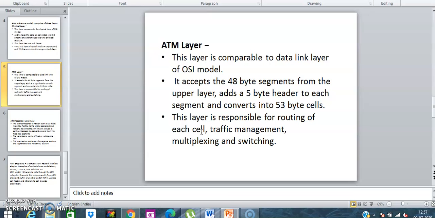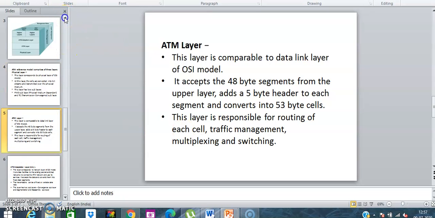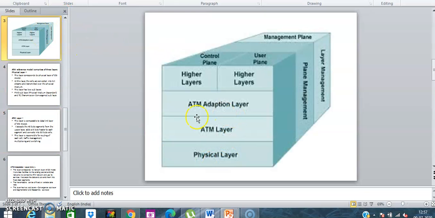ATM incorporates end-to-end protocols. It interfaces the AAL and the physical layer, because it is in between the ATM adaptation layer and the physical layer.